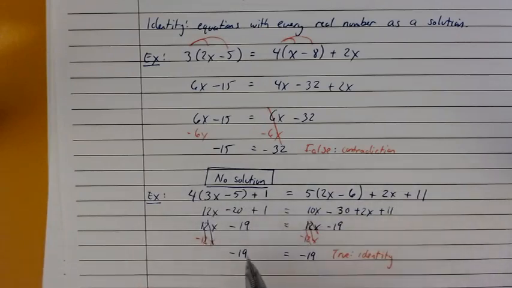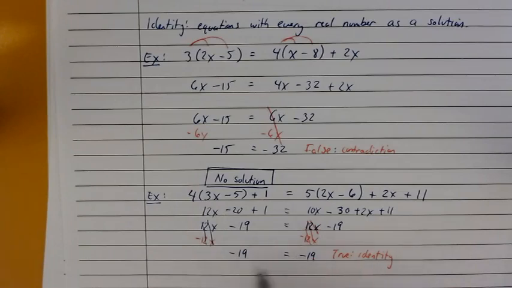Well, when you simplify it, you realize this is always equal to that side. So in the end, if you plug in x is equal to 4 for all the x's, this would simplify down to negative 19 equals negative 19. If you substituted in x is equal to negative 5 to both sides of the equation, you would simplify down to negative 19 equals negative 19.